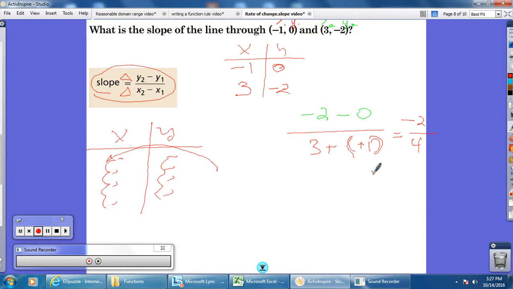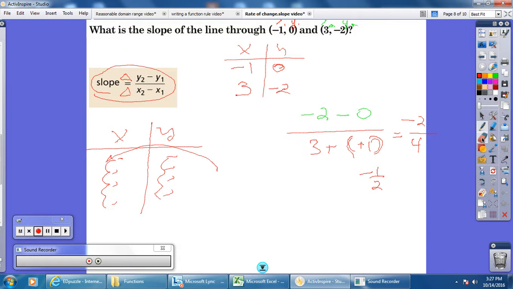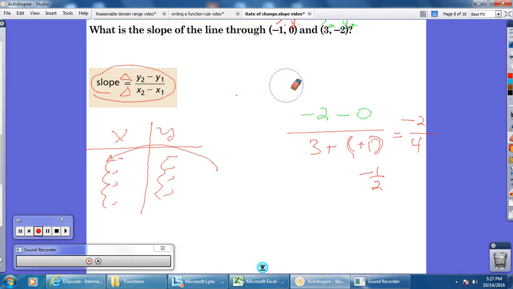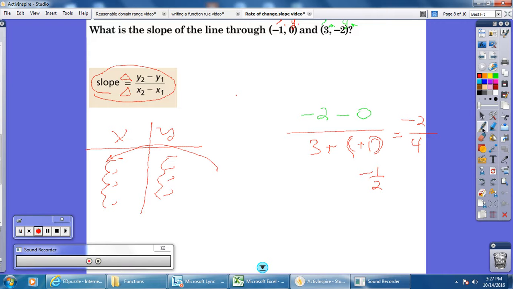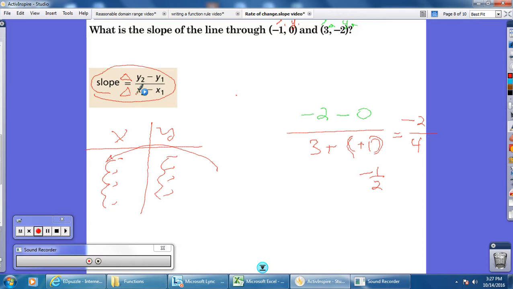And you can reduce this to -1/2. So let's just ignore this table because this is why we're using y2 minus y1, because they were not in correct order. So remember, y2 minus y1 over x2 minus x1.